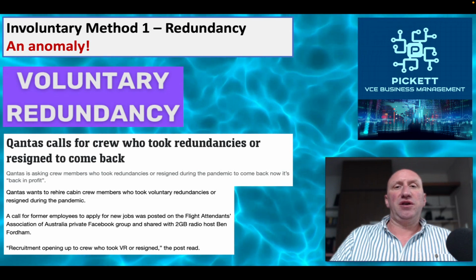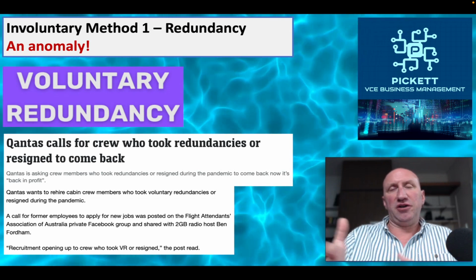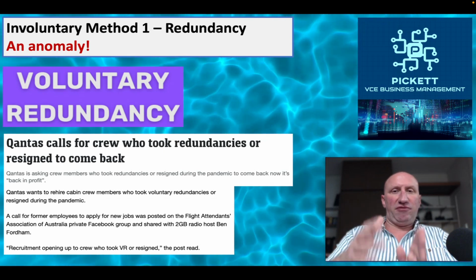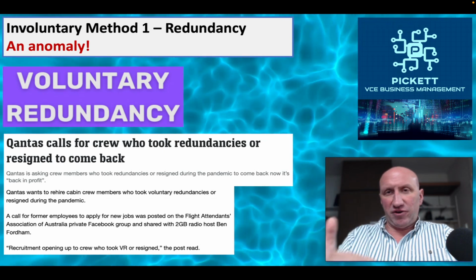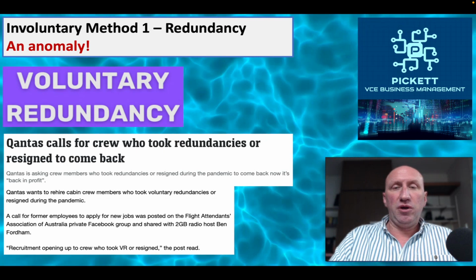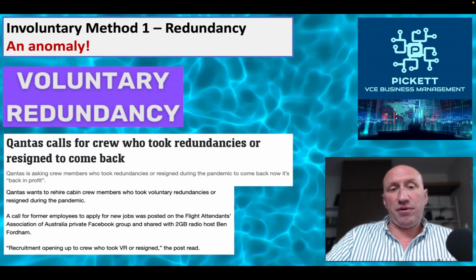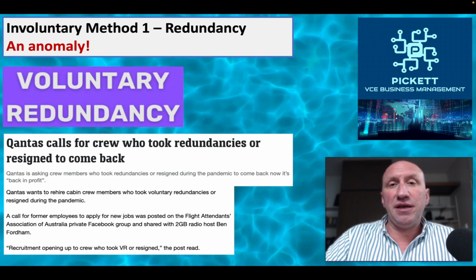So in other words, say the business has to make 100 people redundant, rather than just going, okay, you're being made redundant, you're being made redundant, and choosing the people, what they'll often do is, look, we need to make redundancies. Does anyone want to put their hand up for voluntary redundancy?